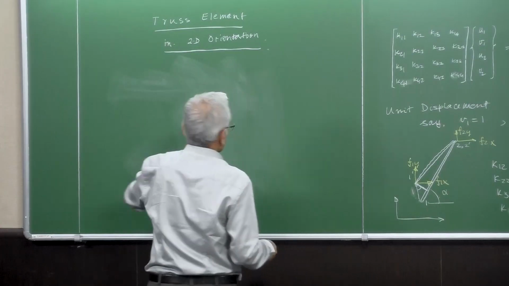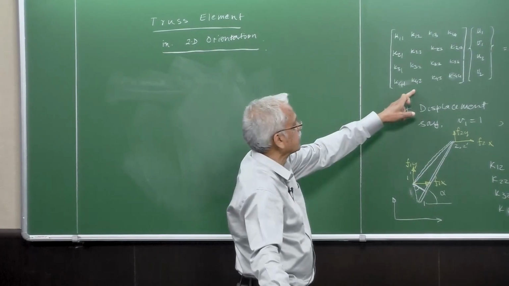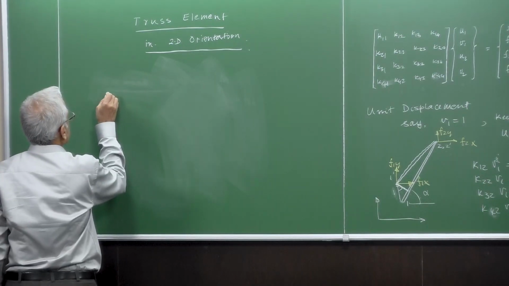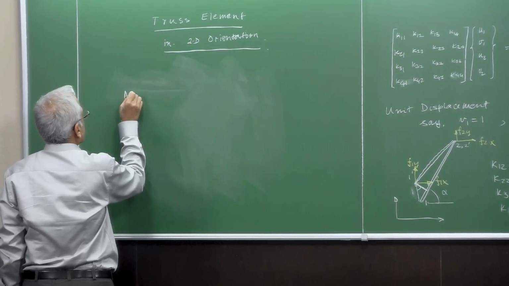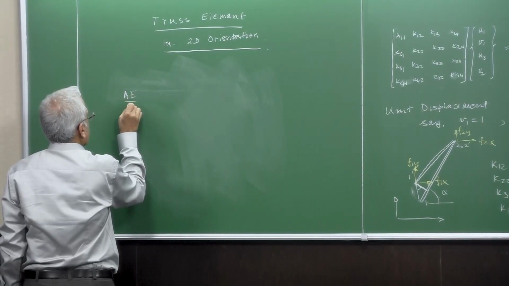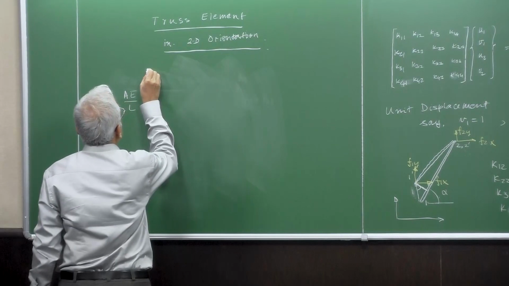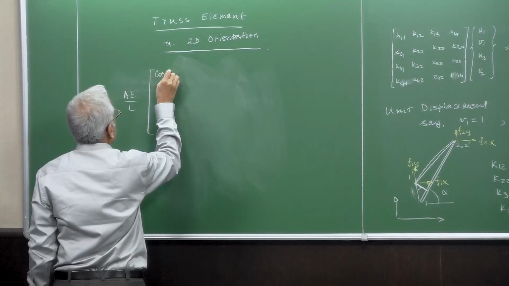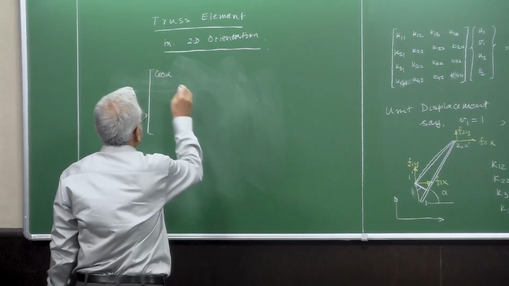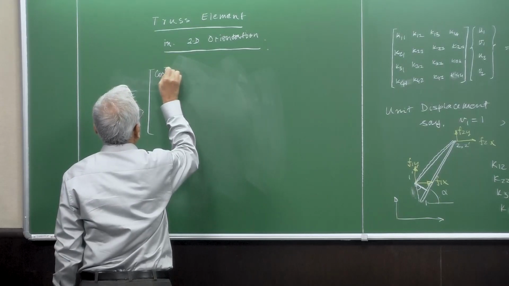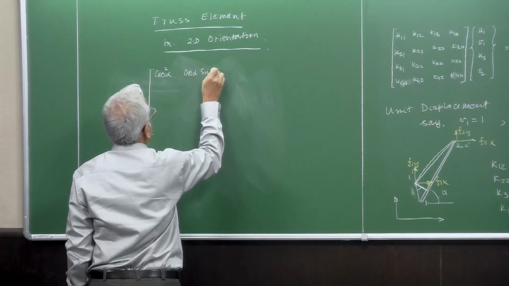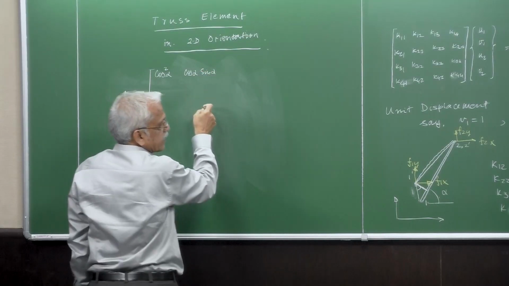So finally, this matrix we can write as AE by L multiplied by cos square alpha, cos alpha sin alpha. Well, this is what we have calculated just now.